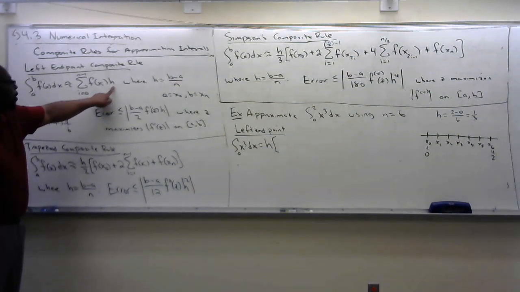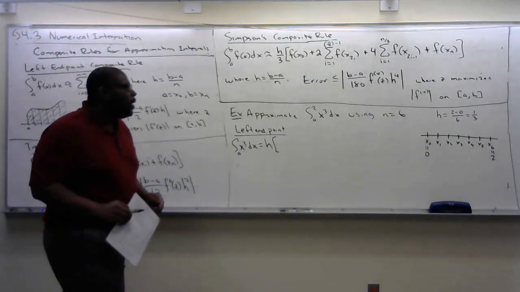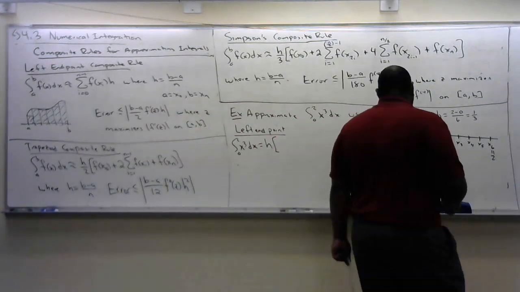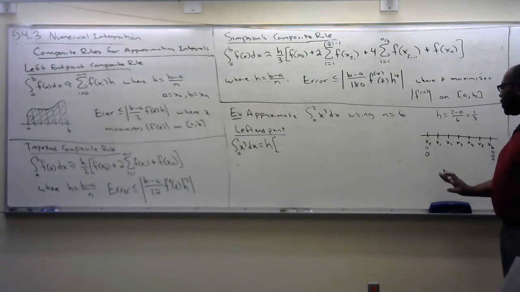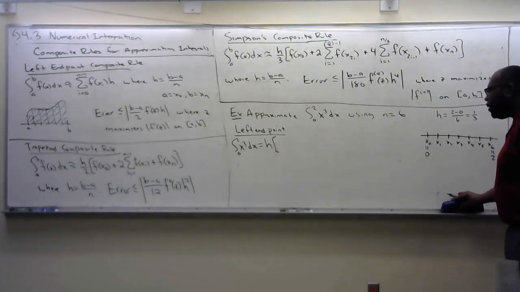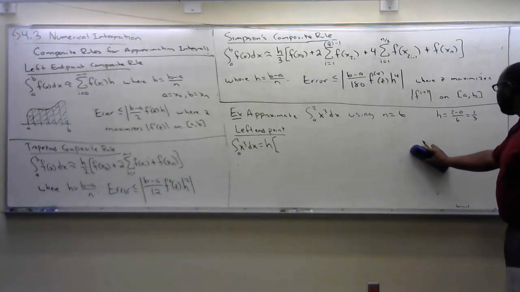This h is not a part of the series, and I can pull it out to the front. So it'll be h times the sum from i equals 0 to n minus 1 of f of xi. Now for the left endpoint approximation, I'm just going to be looking at the left endpoints. Let me draw a little picture here, a little bit further down.